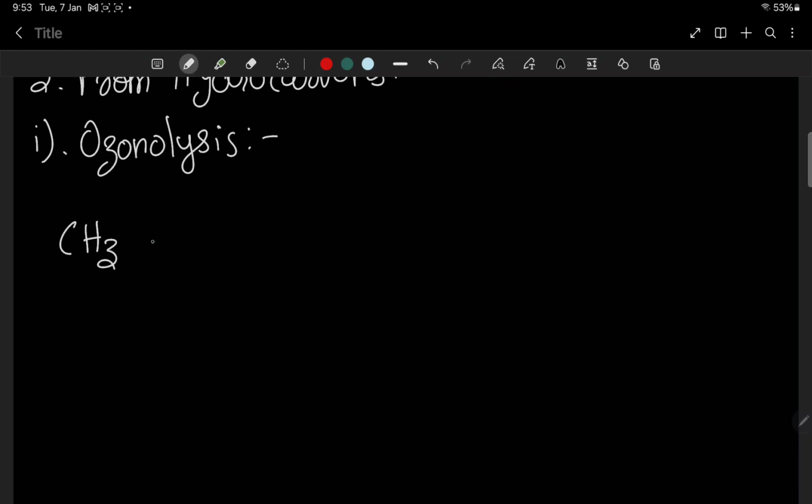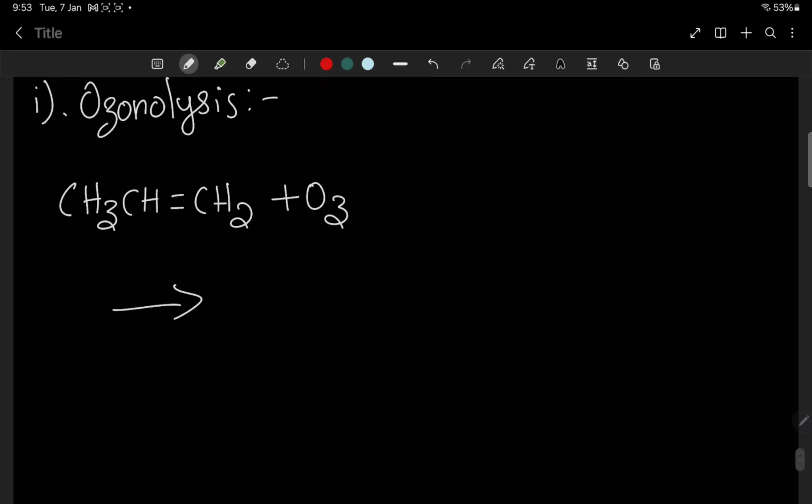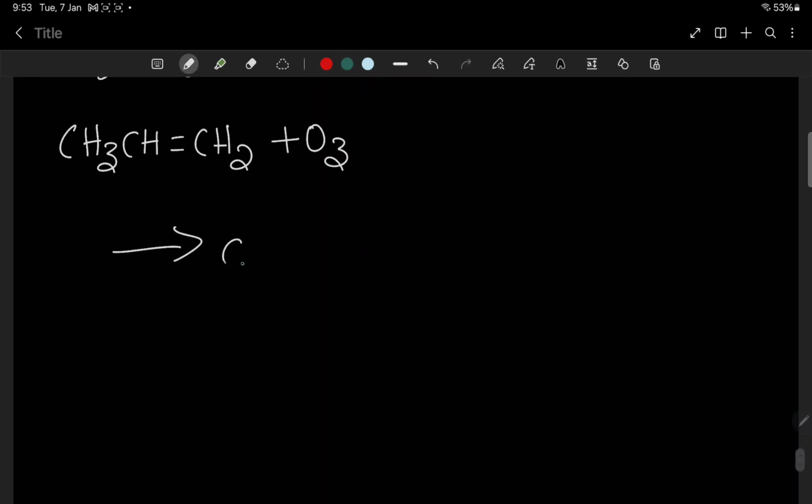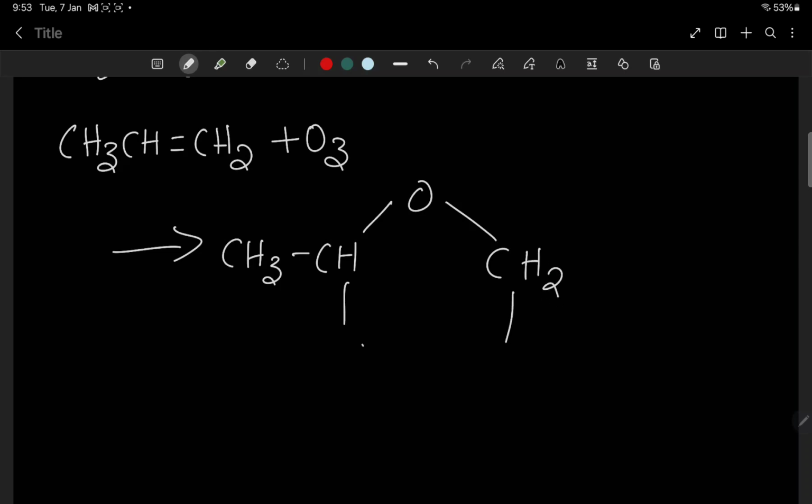I'm taking CH3-CH=CH2 and adding ozone to it. What I get is an intermediate called an ozonide, with the double bond split like this, CH3-CH and CH2-O.